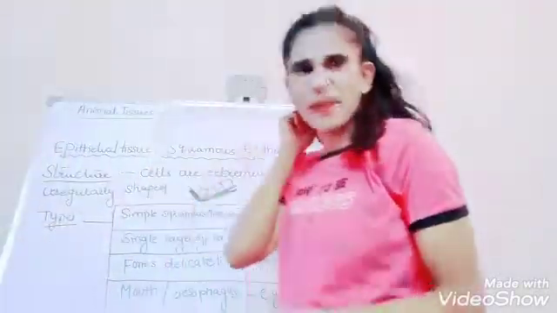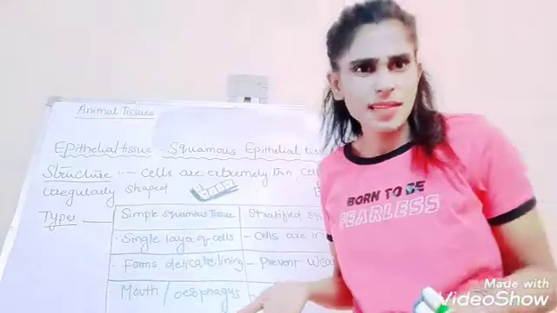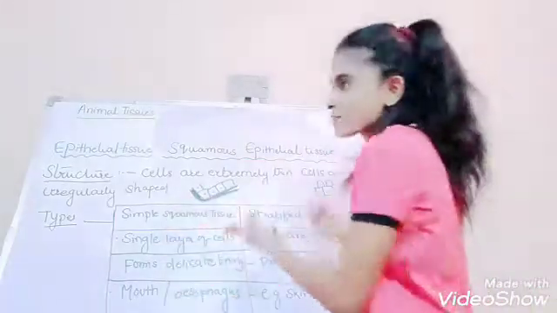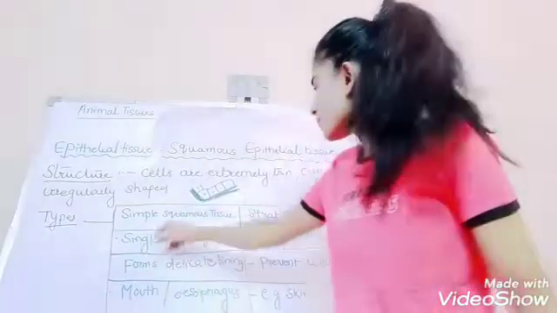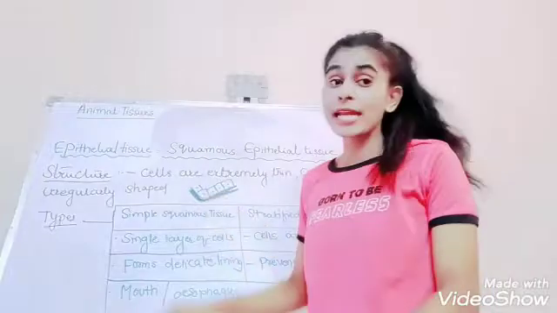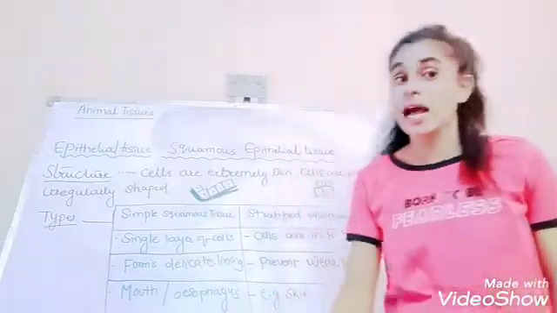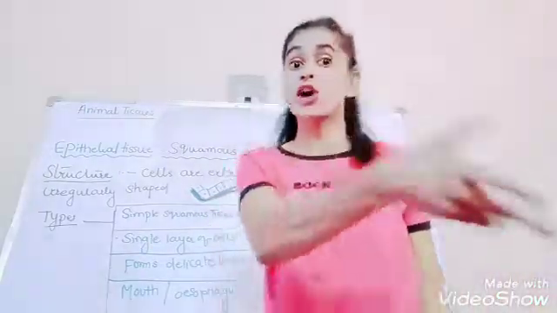Yes, guys, simple is very easy to understand. Simple means a single layer of cells. Simple squamous tissues are made up of a single layer of cells. I gave you the example of tiles on your floor.